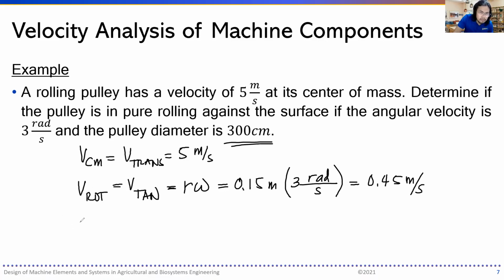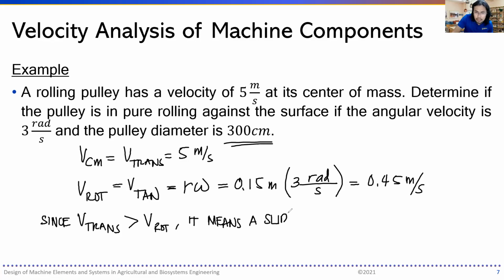Since we have our v trans greater than our v rotational, it means that it is a sliding rolling motion, not a pure one.